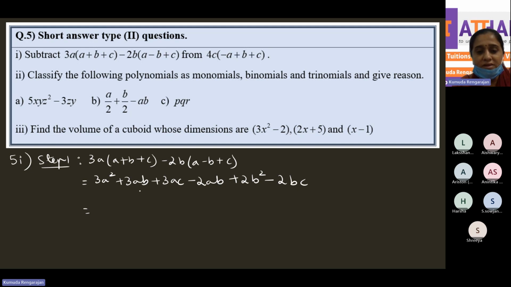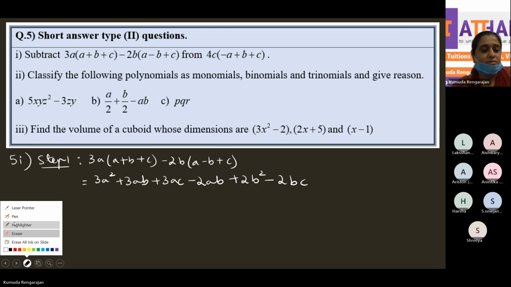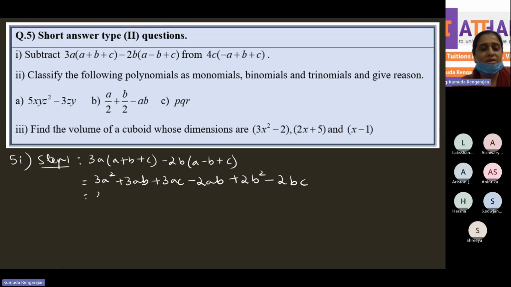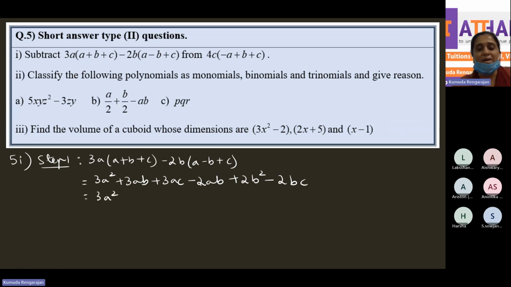There's ab and there's ab, only this one, ab and ab, that's all, nothing else. There are only these two terms to be simplified, the ab terms. So it will be 3a squared. What is plus 3ab minus 2ab?